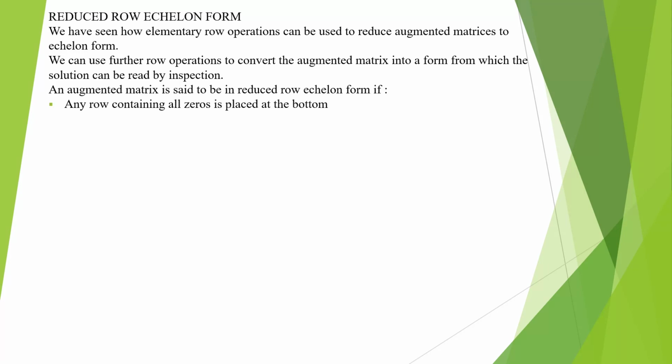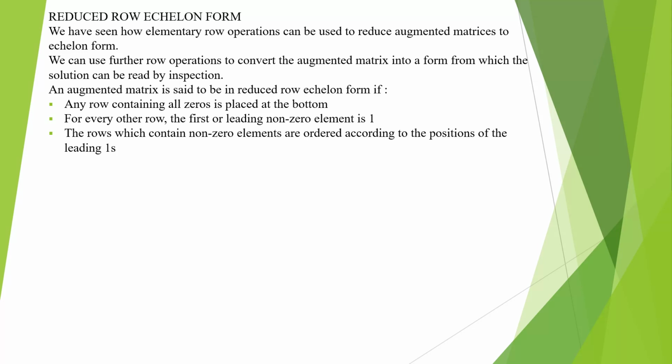Any row containing all zeros is placed at the bottom. For every other row, the first or leading non-zero element is 1. The rows which contain non-zero elements are ordered according to the position of the leading one. Every column containing a leading one has 0 elsewhere.